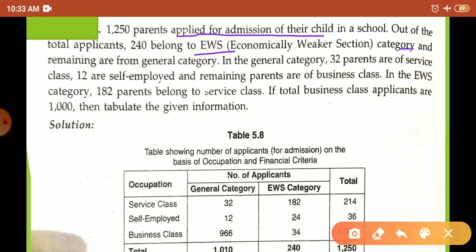So this is related to occupation, so there are divisions on the basis of two. Now number of applicants is your caption, and this is the sub caption: category, general category and EWS. Occupation is your stub and this is the sub stub, and we are going to write all the data.